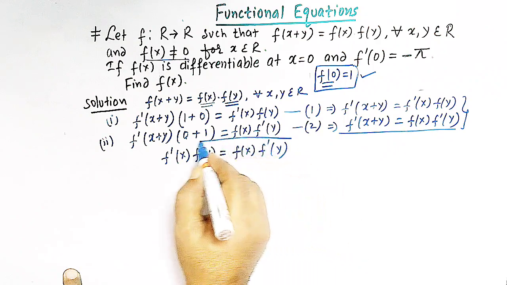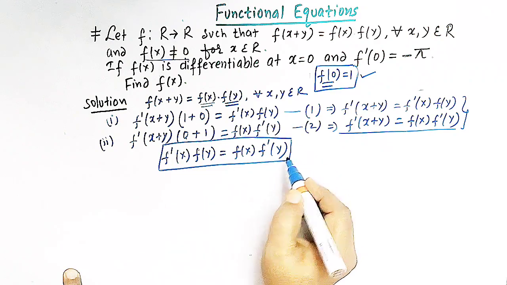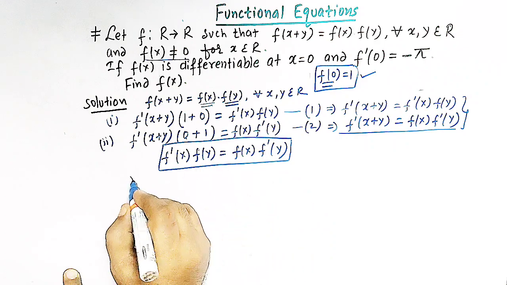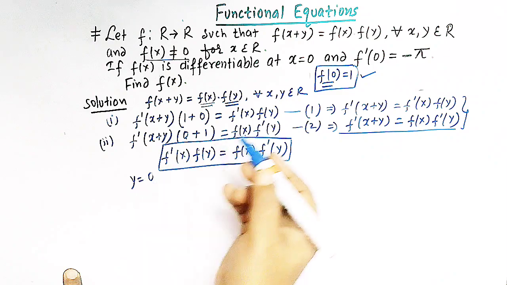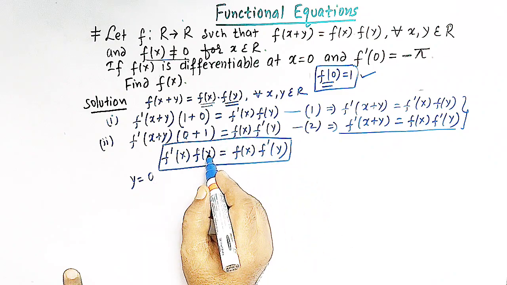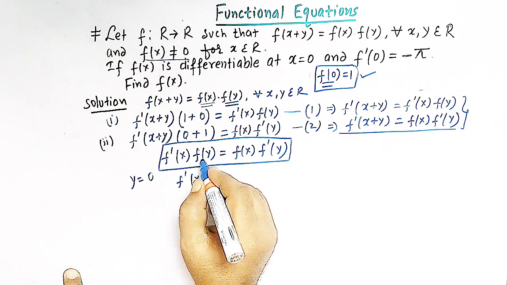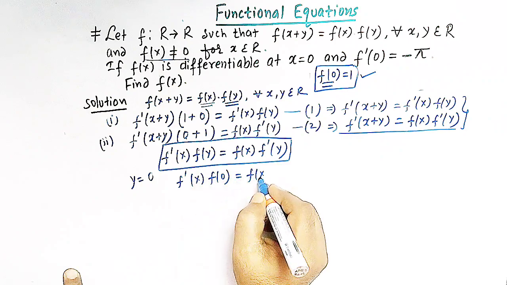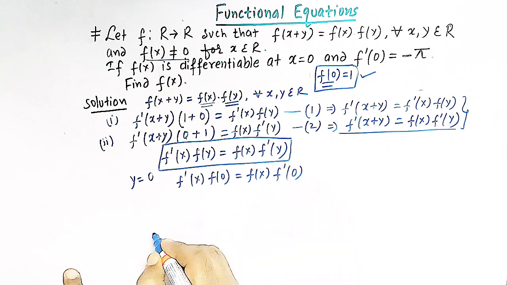So now we have a very important step over here, and here what we will do, we'll replace y by 0, right? We'll keep x as such and we'll replace y by 0. So we have now f prime of x, here we have f of 0, and here we have f of x, and here we have f prime of 0, right?